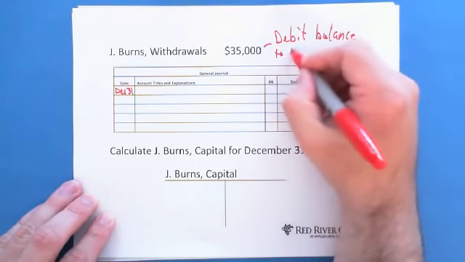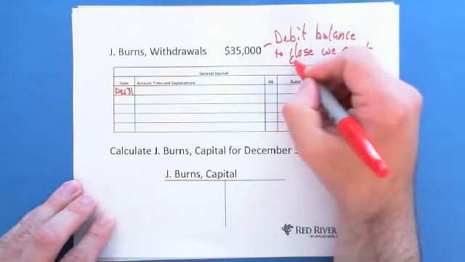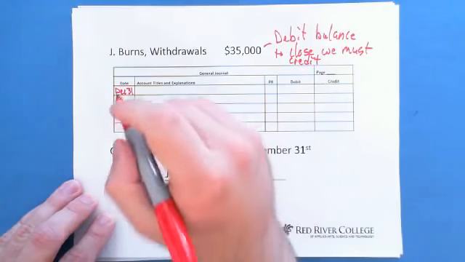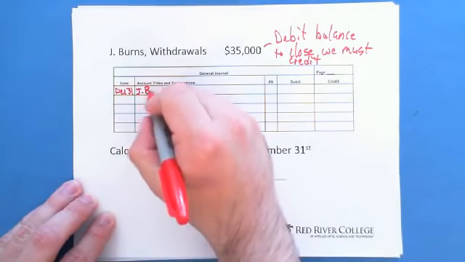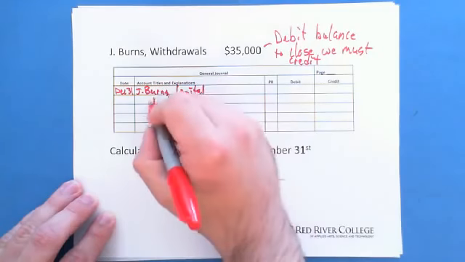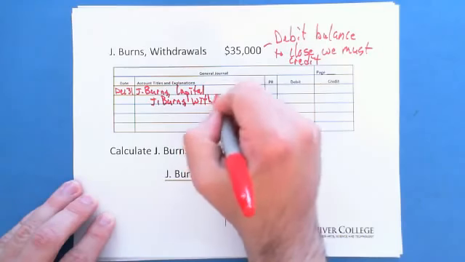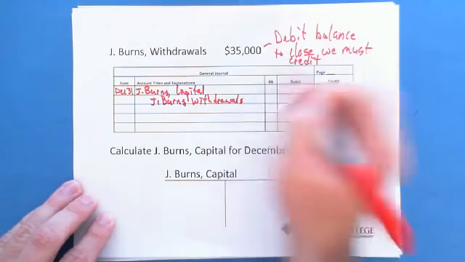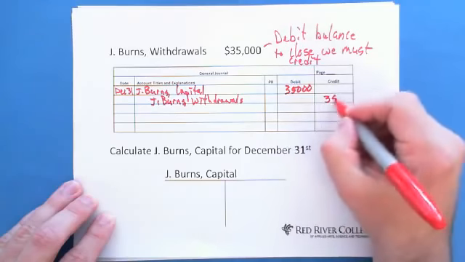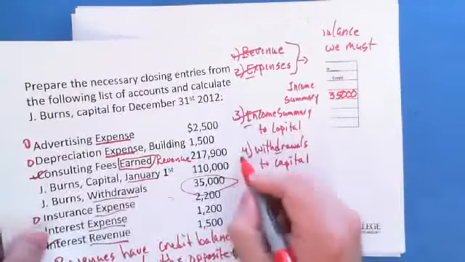So to close, we must credit. So that means capital has to be the debit. And then 35,000. All right, so there's step 4.